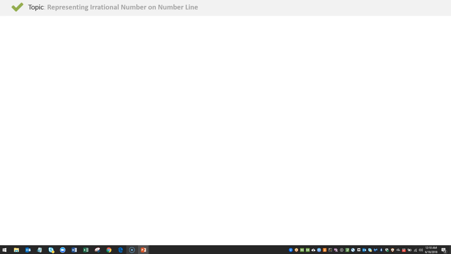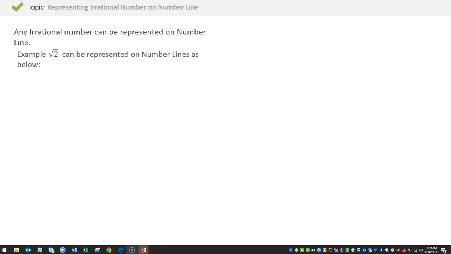Now let's talk about representing irrational numbers on the number line. Any irrational number can be represented on the number line. Let's take an example of square root of 2 and see how we can represent it on the number line.